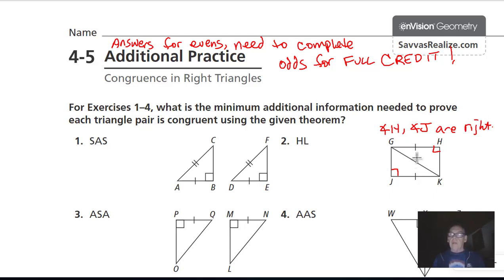With that, we would have this side reflexively equal to itself. That gives us the hypotenuse, and GH being congruent to JK gives us a leg. So that would give us the hypotenuse leg that we need.